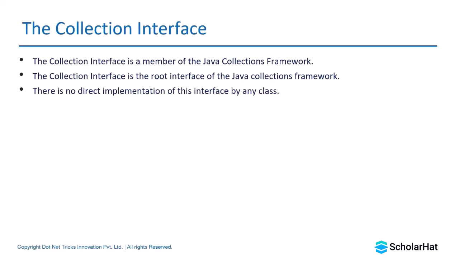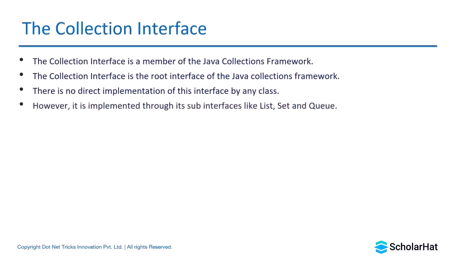Index of cannot be used here because it can be used in the case of the list interface, which helps in iterating over the index. Further, we have list, queue and set, which are the components that extend the collection interface. So let's get started to understand how the collection interface is used in programming.